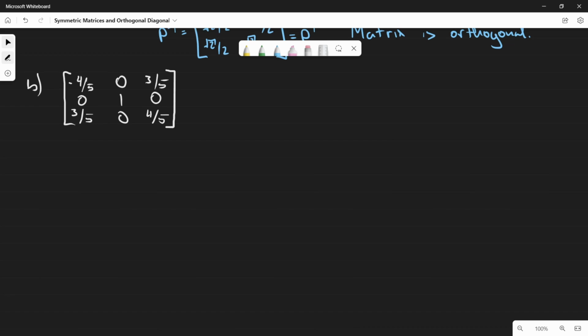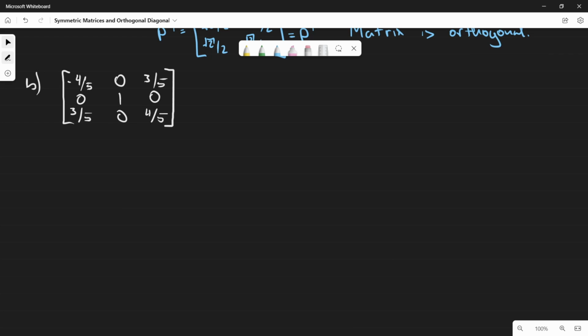For the next example, this time we have a 3 by 3 matrix. A little bit more work, but let's go ahead and knock out the easy part, the transpose. As always, the main diagonal remains unchanged, 1 and 4/5, and everything else just flips.